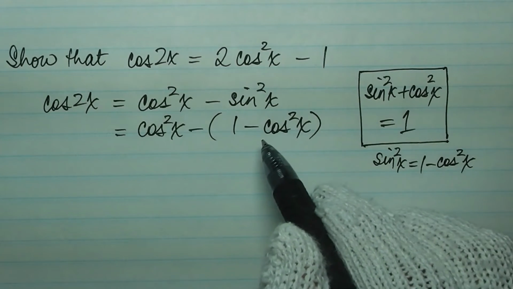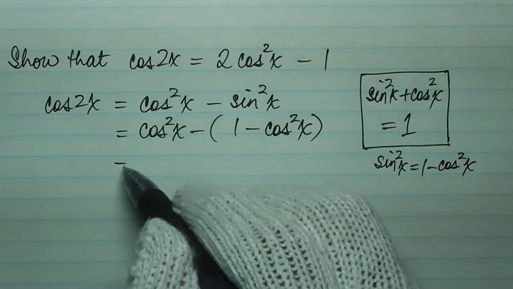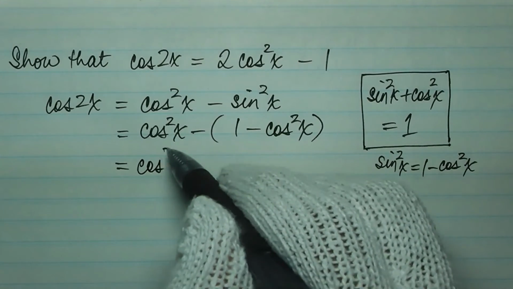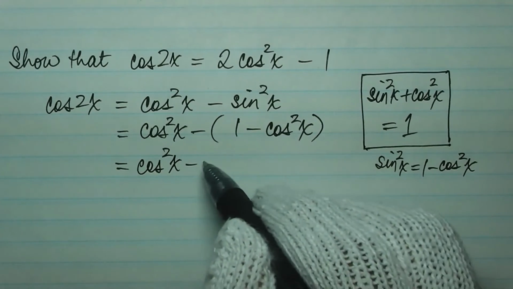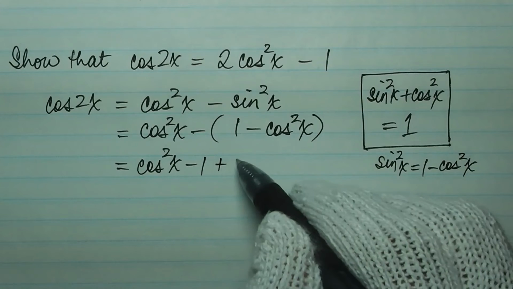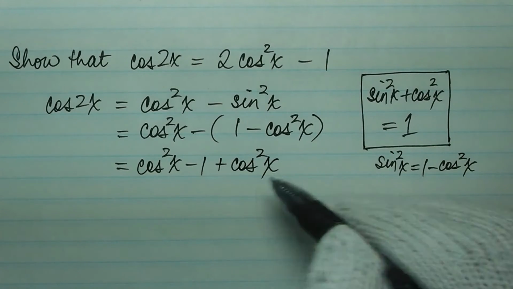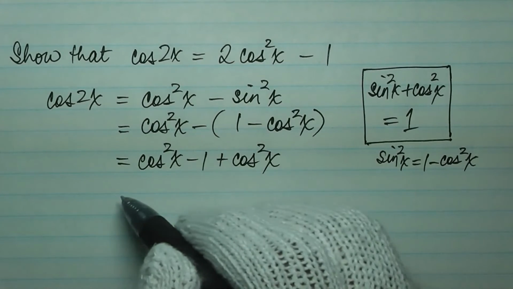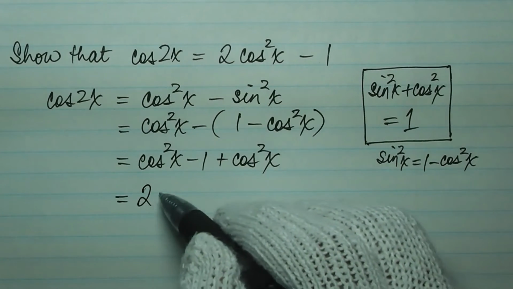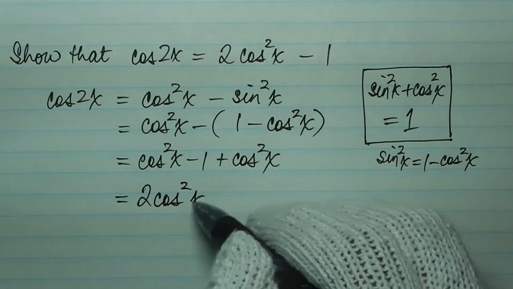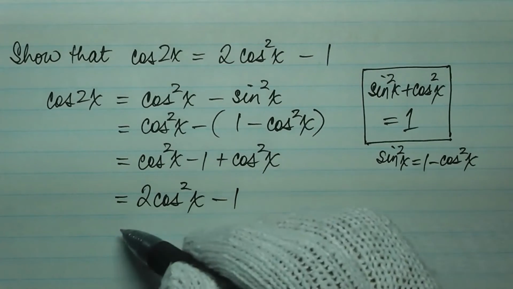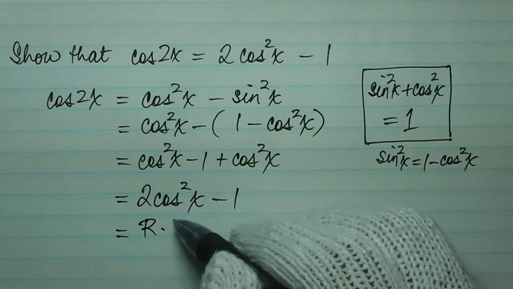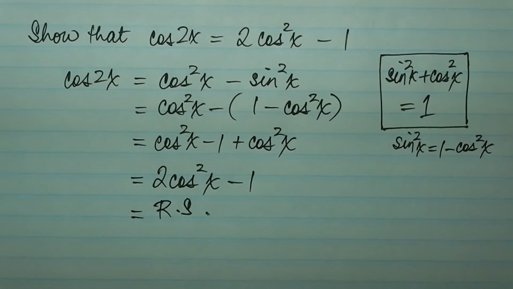That's where I got that from. Alright, that's equal to cosine squared x minus 1 plus cosine squared x. And when you add cosine squared x and cosine squared x, that's going to give you 2 cosine squared x minus 1, which is, you guessed it, the right side.